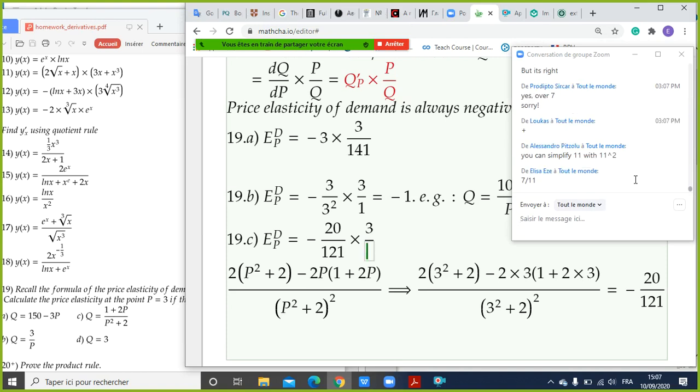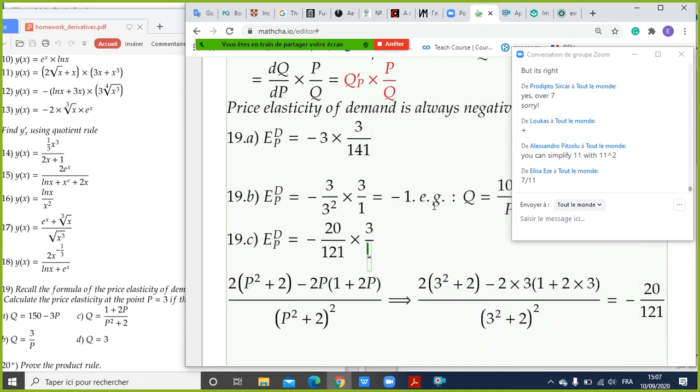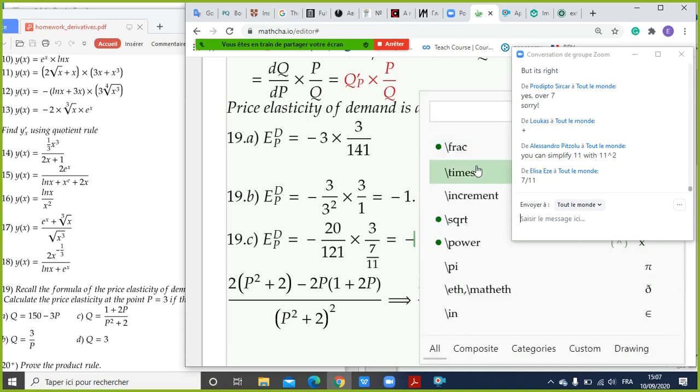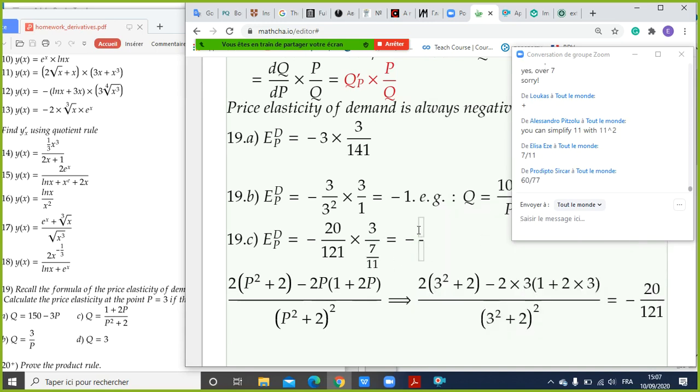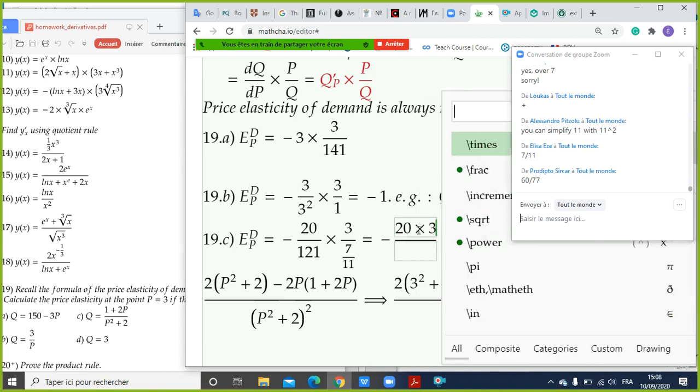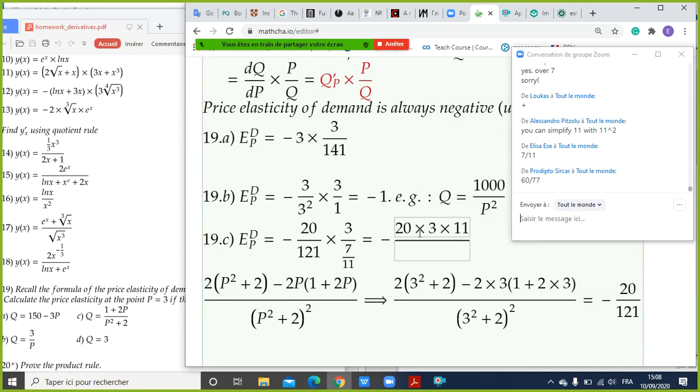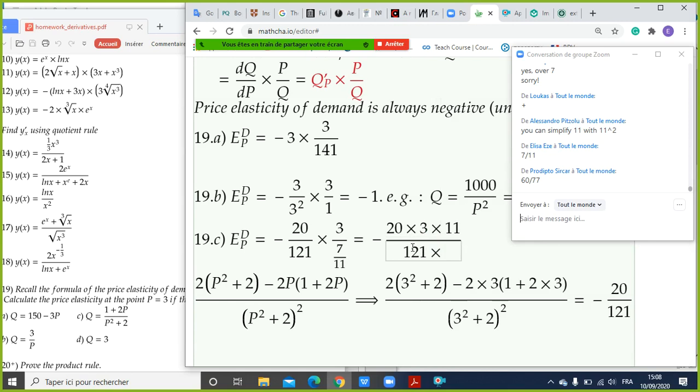Yes, perfect. So in here, for sure we have 7 over 11. That's right. Okay, now we can see that this turns into, let's write it in one fraction. So we're going to have 20 times 3 times 11, and here 121 times 7.